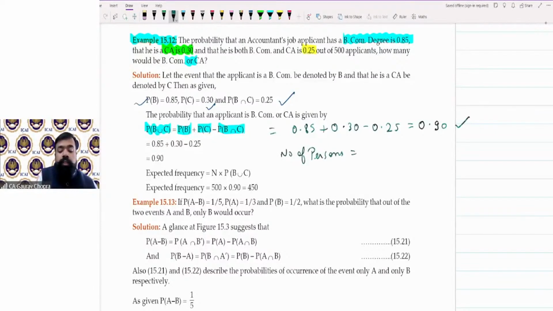Whenever this is asked, write down the total number of persons multiplied by the probability. So the total number of persons is 500, and then we have to multiply with the probability, which is 0.90. So we get 450. This is the expected frequency.